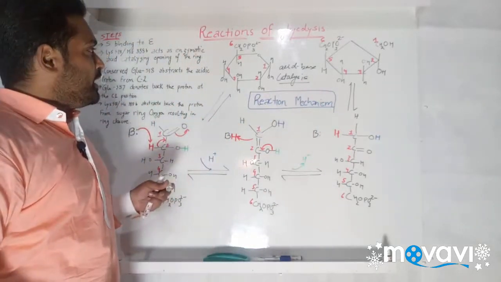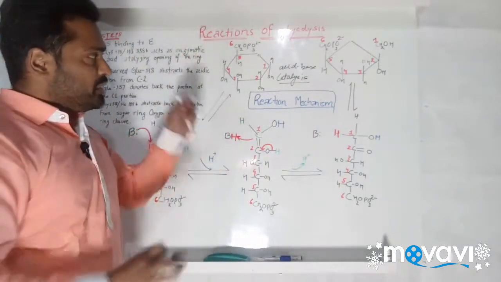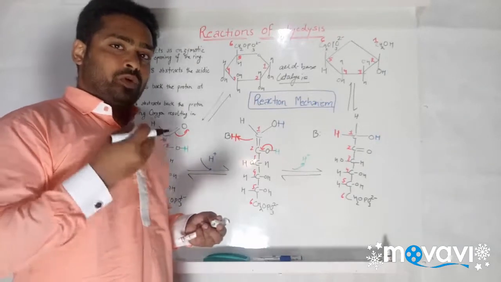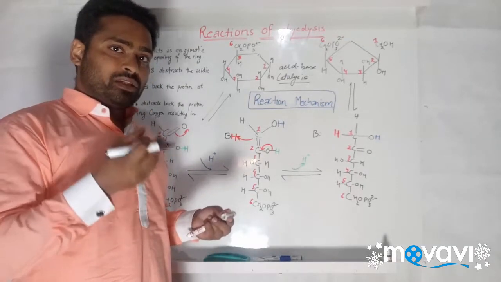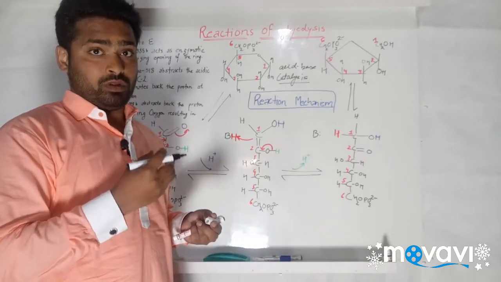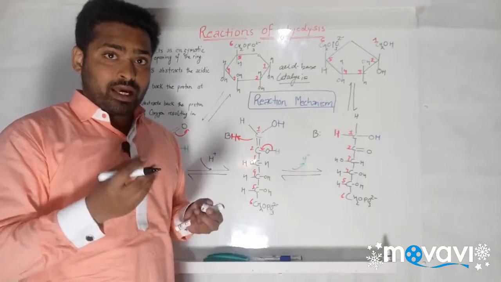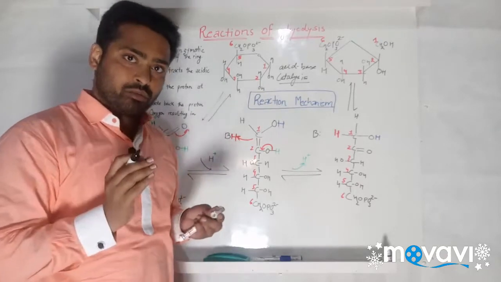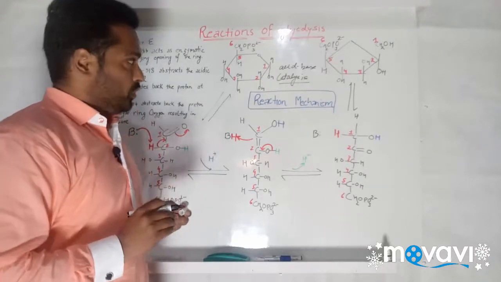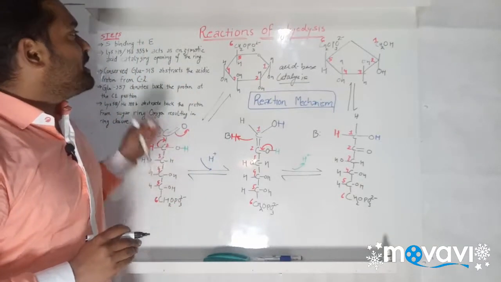It means in all of these reactions, you are going to see an acid giving its proton, and then the base abstracting that proton. In one case the acid is donating its proton and the base is abstracting that proton. This is divided into 4 or 5 steps.